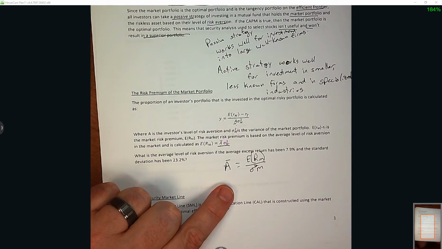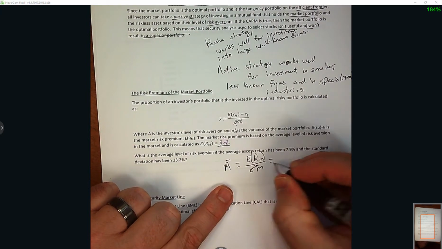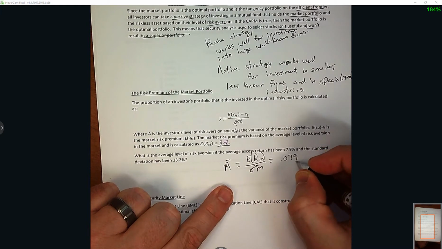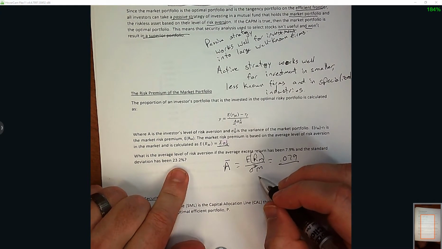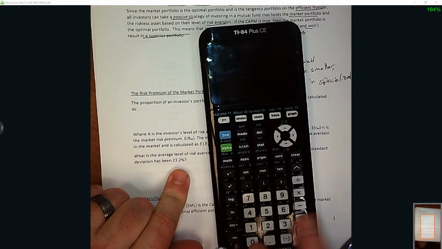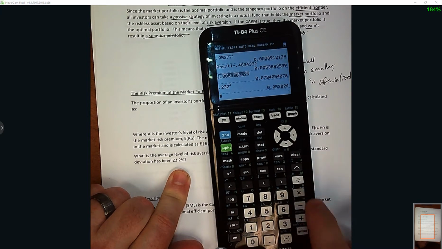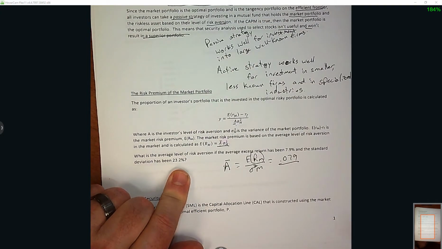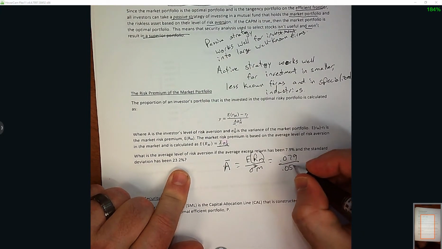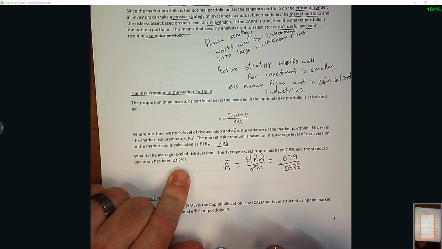So if I calculate this, I get a value of 0.079 divided by 0.232 squared to get the variance, 0.0538. Okay.